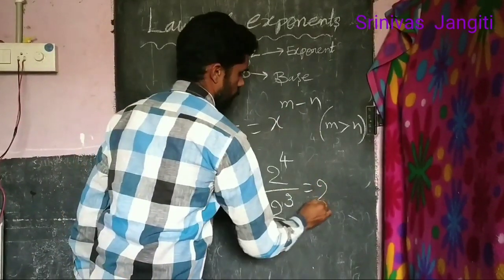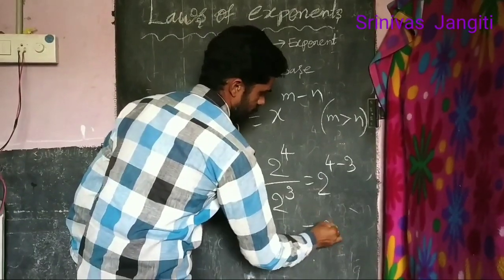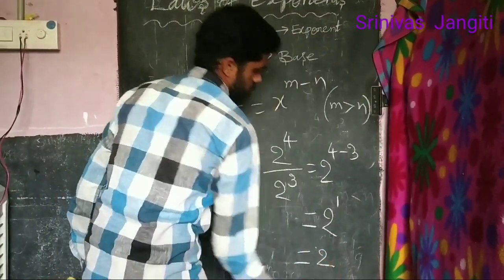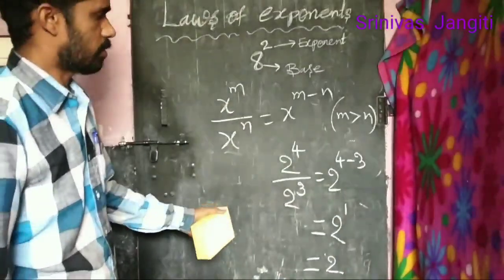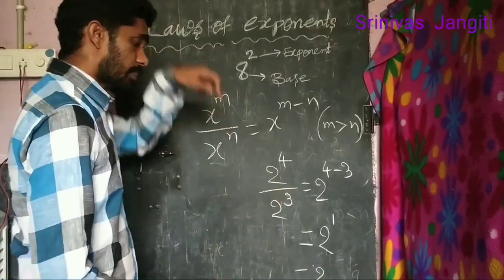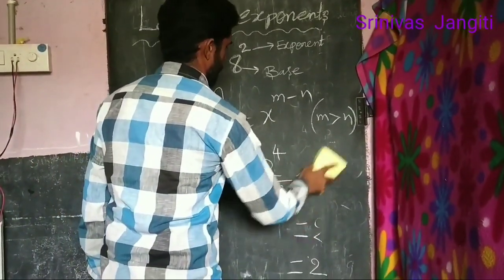Then 2 to the power of 4 minus 3, so the result is 2 to the power of 1, or simply 2. So simple, when m is greater than n. Suppose the reverse, what happens here? One more example.